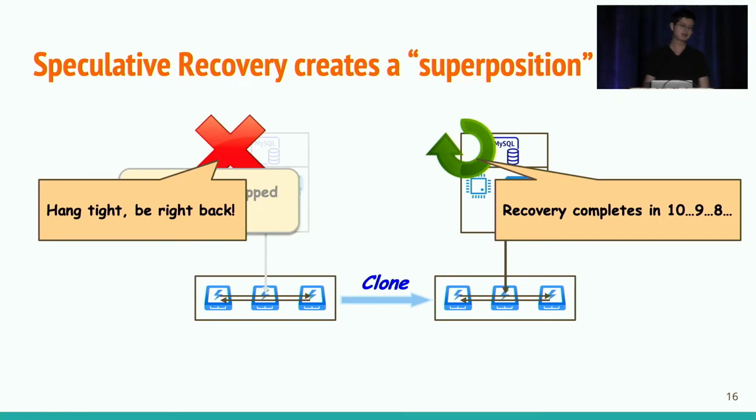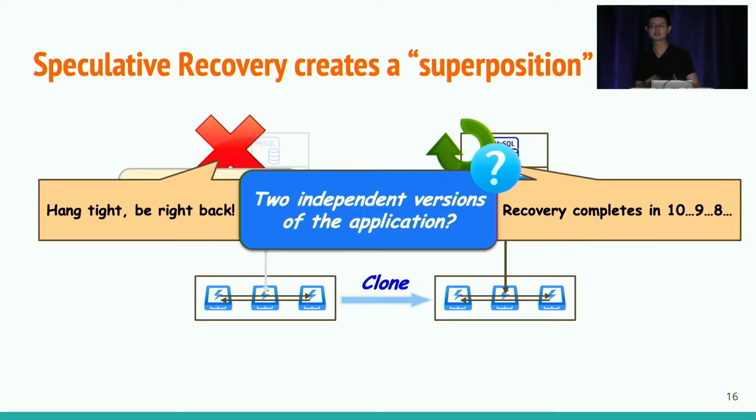So by parallelizing the primary instance and the backup instance, the application state diverges. That is, the application now has two independent versions at the same time. So to ensure correctness, speculative recovery must ensure that only one of the versions can ever be observed by external clients.